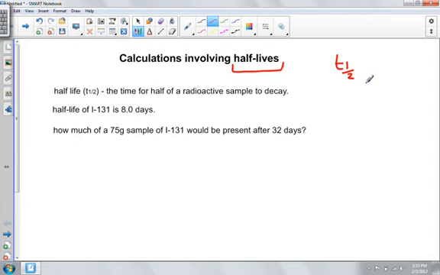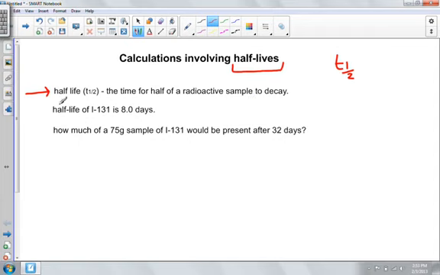But in terms of chemistry and science in particular, half-life is something very specific, and it refers to something radioactive. The half-life of a compound is the time for half of a radioactive sample to decay away.